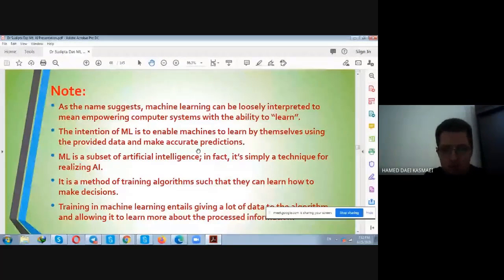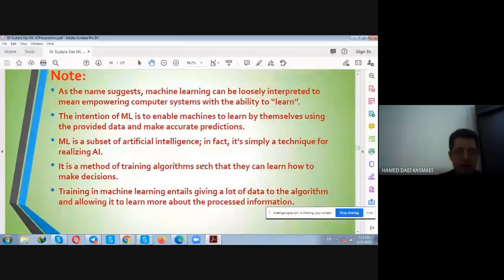In fact, it's simply a technique for realizing AI. It is a method of training algorithms such that they can learn how to make decisions. And training a machine learning model entails giving a lot of data to the algorithm and allowing it to learn more about the processed information. Okay, these are very important things that you learned about machine learning.